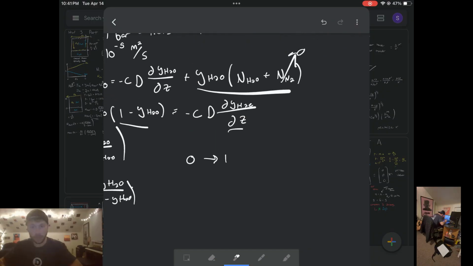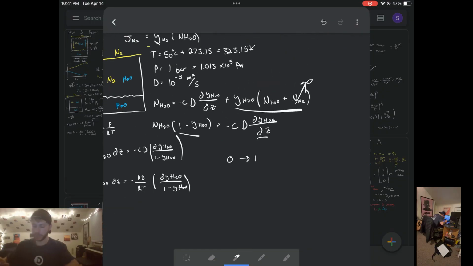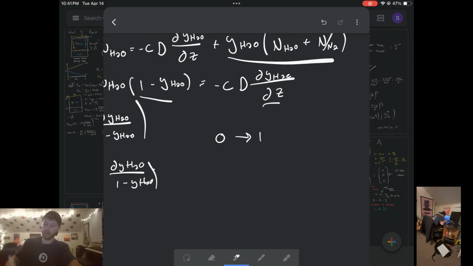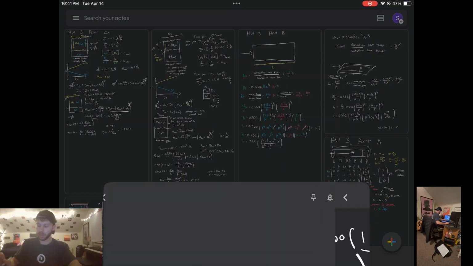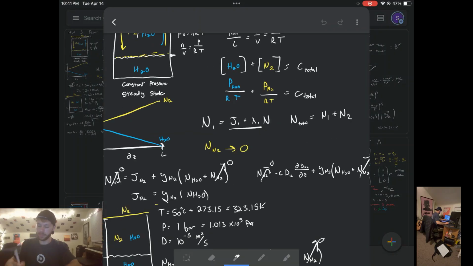In order to find the bounds for our mole fraction, we can use a relationship that says the mole fraction in the vapor phase specifically is equal to the partial pressure of our water divided by the total pressure of the system.